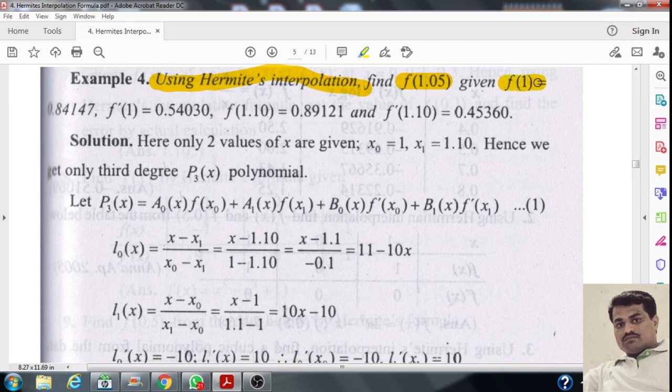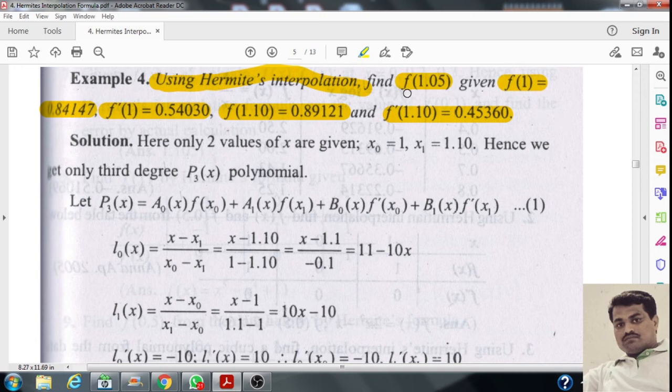Given that f of 1 is equal to 0.84147, f dash of 1 is equal to 0.54030, f of 1.10 is equal to 0.89121 and f dash of 1.10 is equal to 0.45360. Here data is given in a different way.